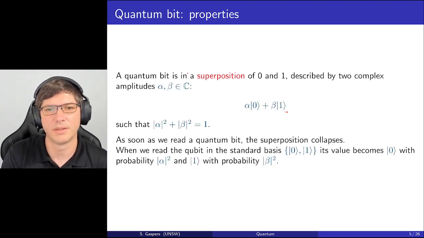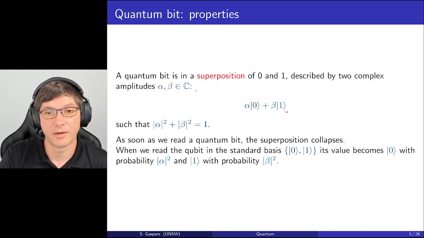So our quantum bit is in a superposition of 0 and 1, and this is described by two complex amplitudes, alpha and beta. These are complex numbers, but for algorithmic and complexity purposes, we can think of them as real numbers. It doesn't make a big difference for us.